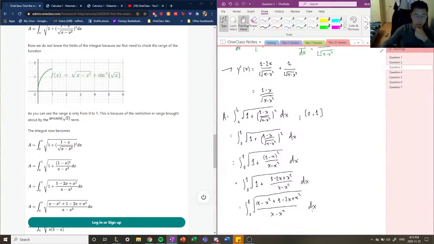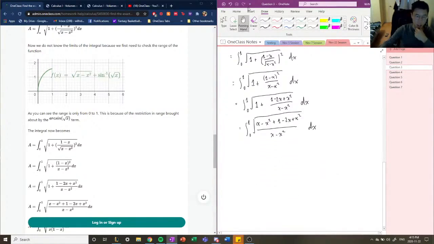All right, pen in hand, right? So now we can simplify this quotient of functions, I guess you can say. So this would equal the square root of negative x plus 1 over x minus x squared dx.